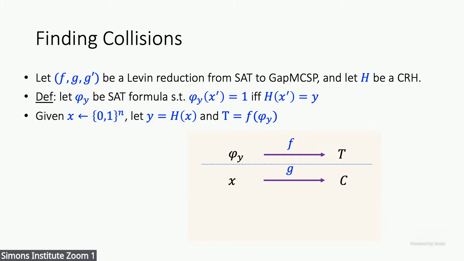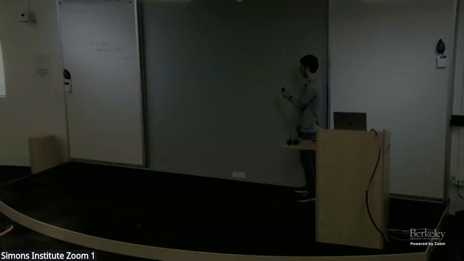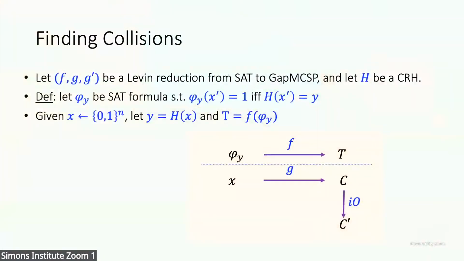You can just apply the iO on this circuit. So the iO gives us a way to sample new witnesses. So I'm just going to apply the iO to get a new witness for the same function, and then apply the Levin reduction in the other direction to get a new x prime that satisfies the same formula.